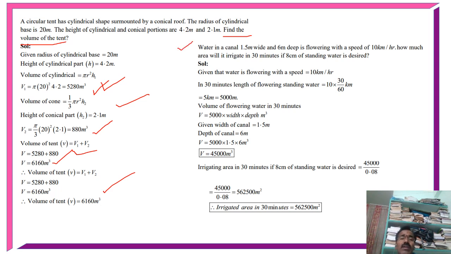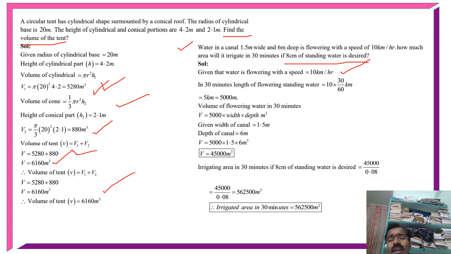Next question: a canal 1.5 meters wide and 6 meters deep is flowing with a speed of 10 km per hour. How much area will it irrigate in 30 minutes if 8 centimeters of standing water is desired? Volume of water we can define as area into height also.